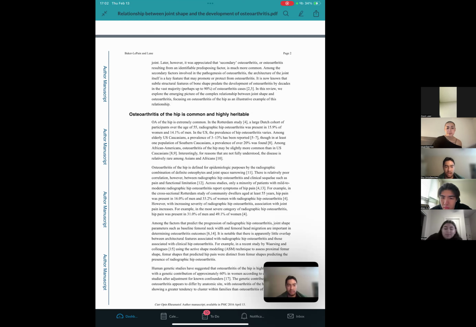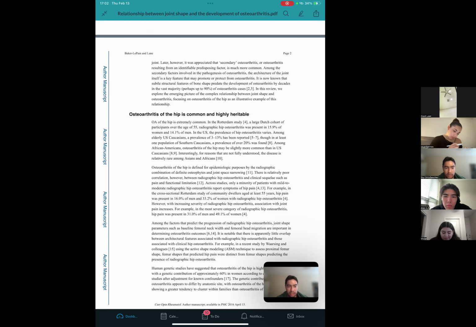Osteoarthritis of the hip is common and highly heritable. Osteoarthritis of the hip is extremely common. In the Rotterdam study, a large Dutch cohort of participants over the age of 55, radiographic hip osteoarthritis was present in 15.9% of women and 14.1% of men. In the US, the prevalence of hip osteoarthritis varies.